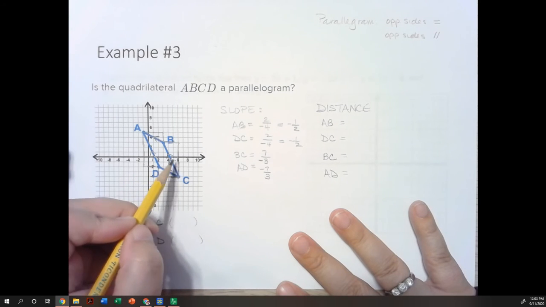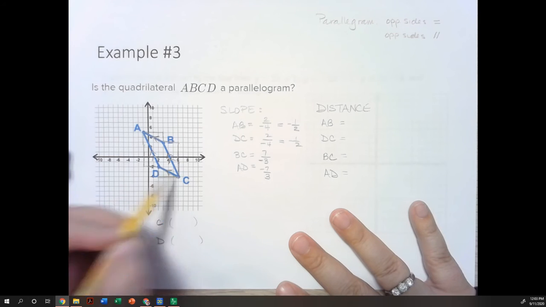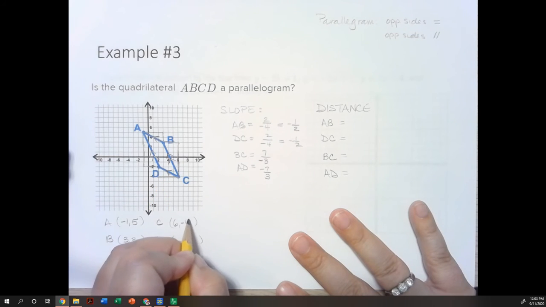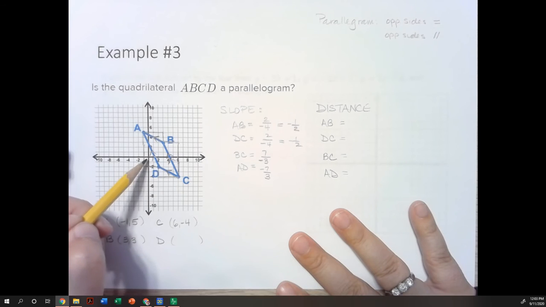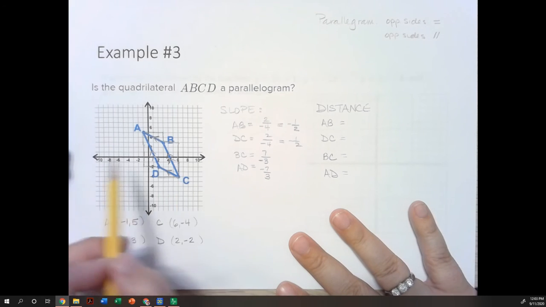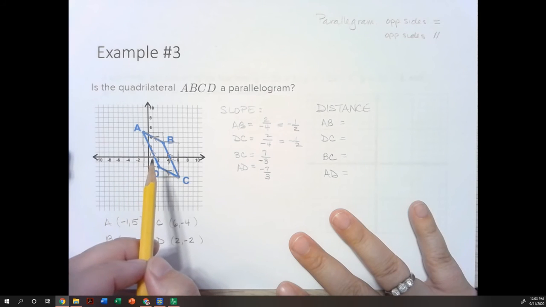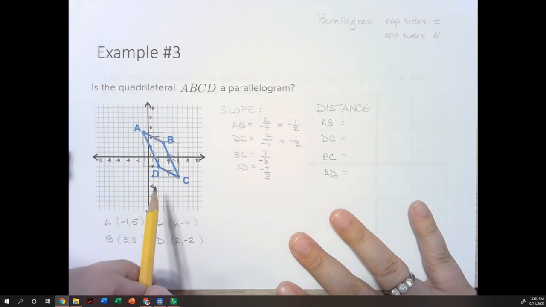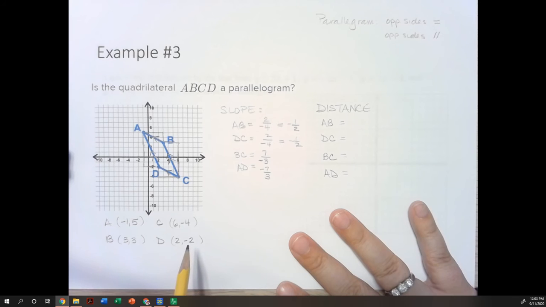C is 6, -4. And D is 2, -2. Now I'm going to tell you right now, if you mess up one of these points, it's going to mess up your distance formula. So you want to be really careful when you are doing your left and right from the origin and also your up and down from the origin to get those positive and negative numbers correct.